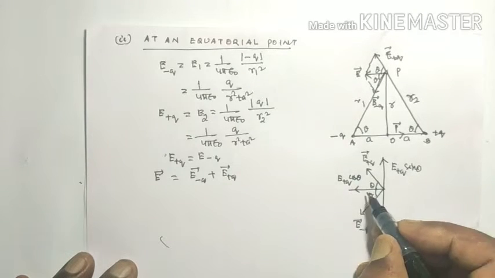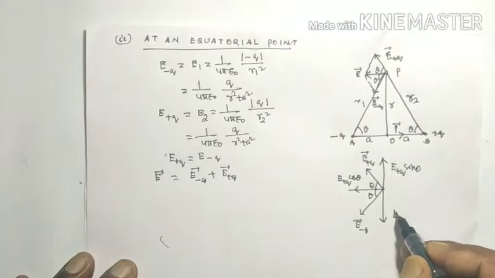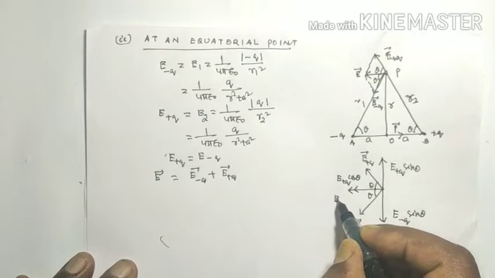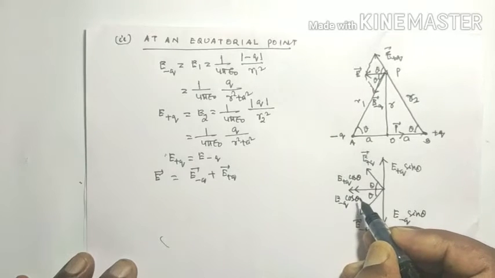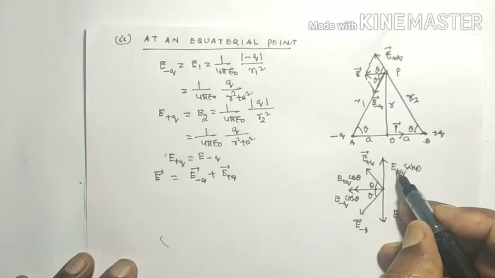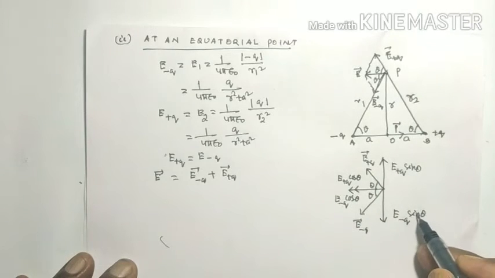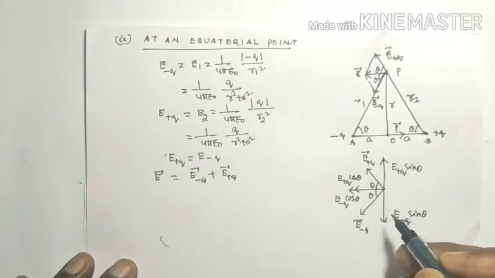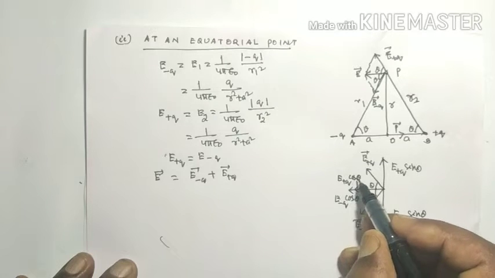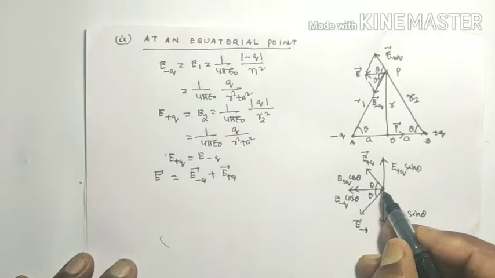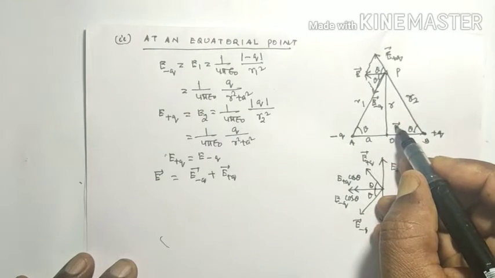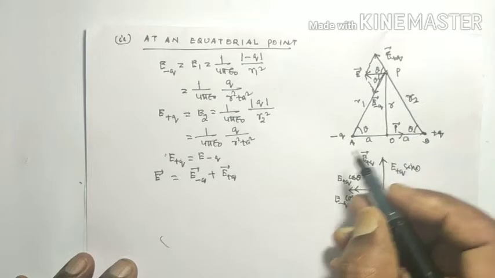Similarly, E minus Q can be resolved into two components. The vertical downward component is E minus Q sin theta, and the horizontal component is E minus Q cos theta. The components normal to the dipole axis, that is E plus Q sin theta and E minus Q sin theta, are equal and opposite, so they cancel each other. The non-vanishing components are E plus Q cos theta and E minus Q cos theta. They act along the dipole axis, opposite to the direction of dipole moment vector p.